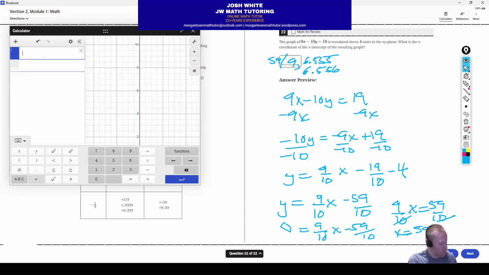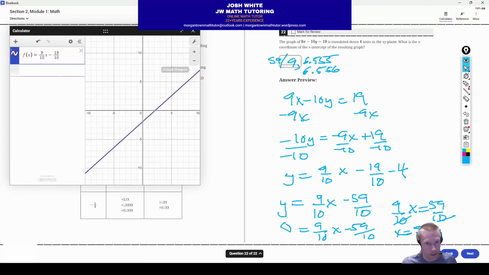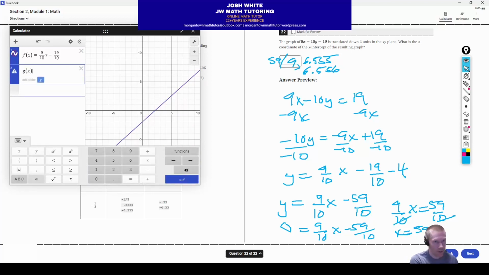So the first thing is once you get it in slope-intercept form, so let's say you get it equal to 9/10 x minus 19 over 10, right? Okay, so I graph that, but notice I define it as f of x. And then for my new function I want to take f of x and shift it down 4 units.